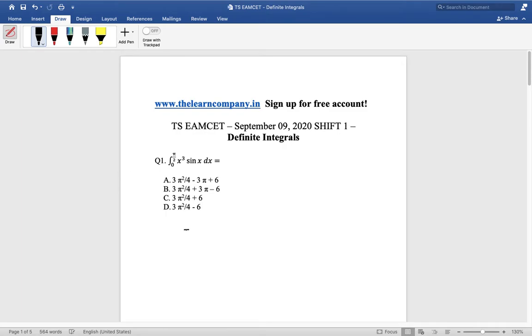However, in one of the last videos I had solved this problem. In is equal to the integral of x raised to the power n sine x dx. I had done this problem in the last video. So I'm going to use the result of that video to solve this problem, okay?